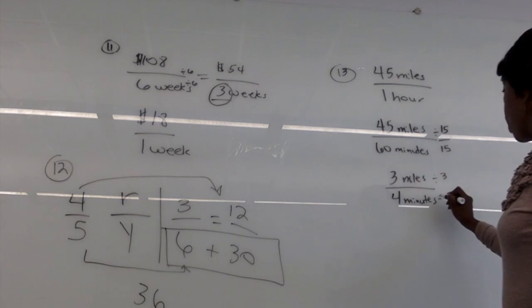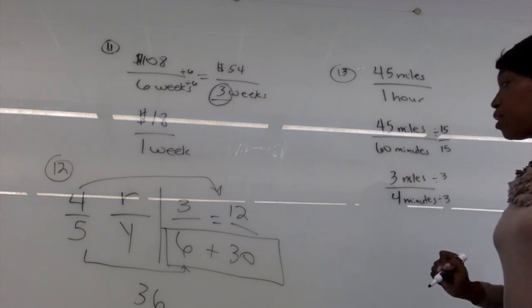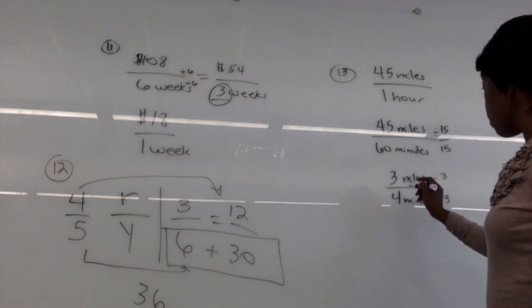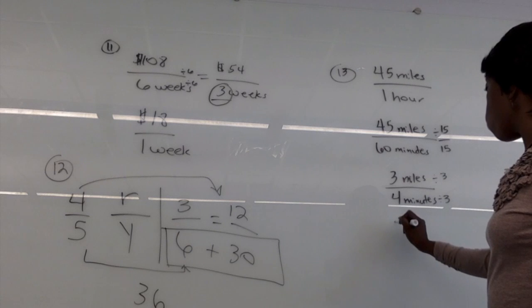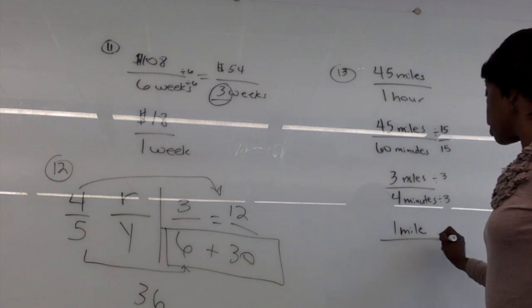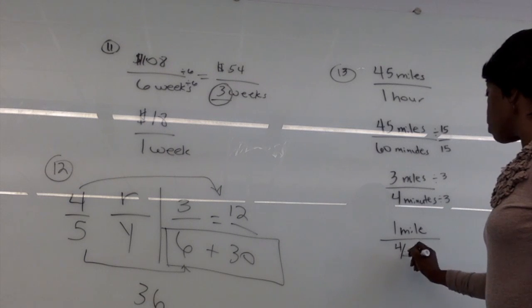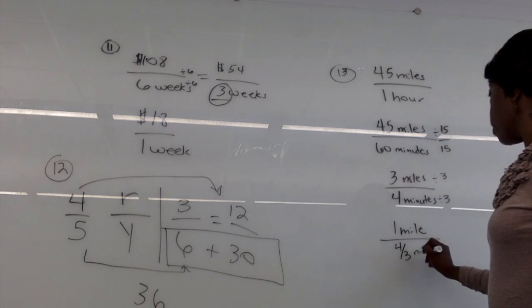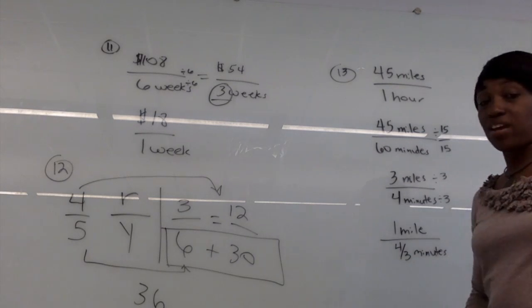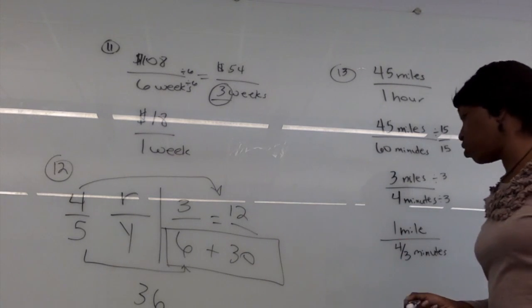And whatever I do in my numerator, I must do in my denominator, and vice versa. So let's look at my new answer here. Now I have 1 mile to 4/3 minutes. And remember what we said about writing a fraction within a fraction.